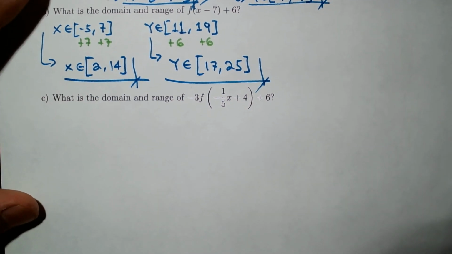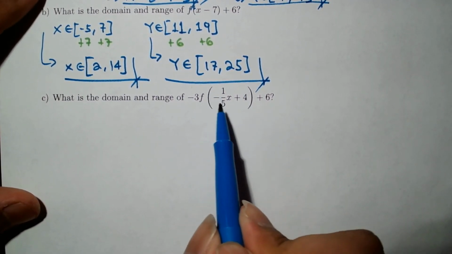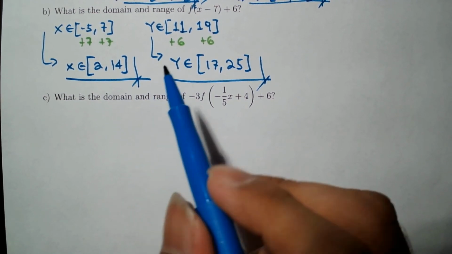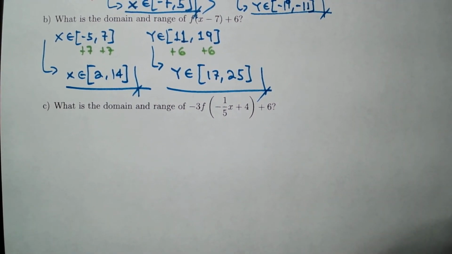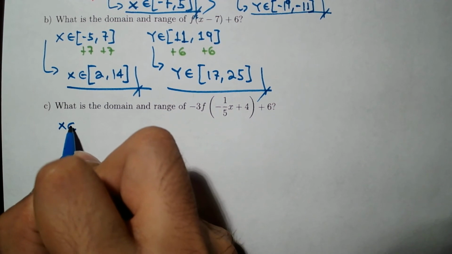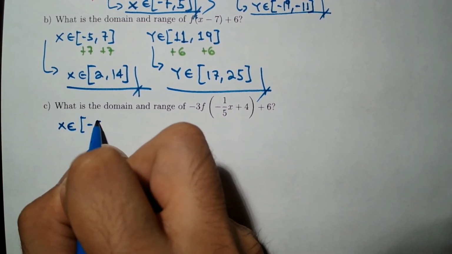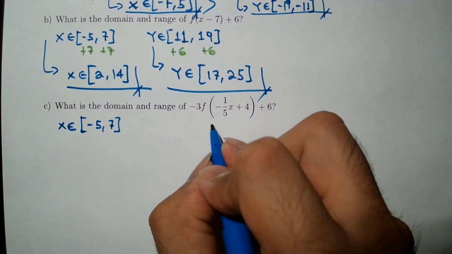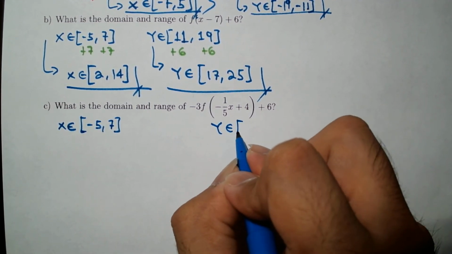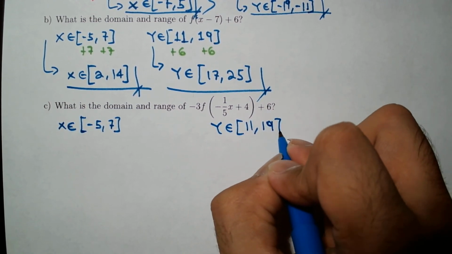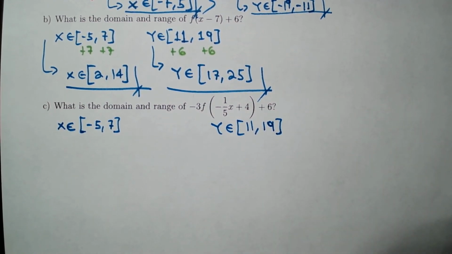Let's look at something more involved. Holy moly. All right. So for this function, let me start writing the domain, which x belongs to, -5 to 7, and the range, 11 to 19.